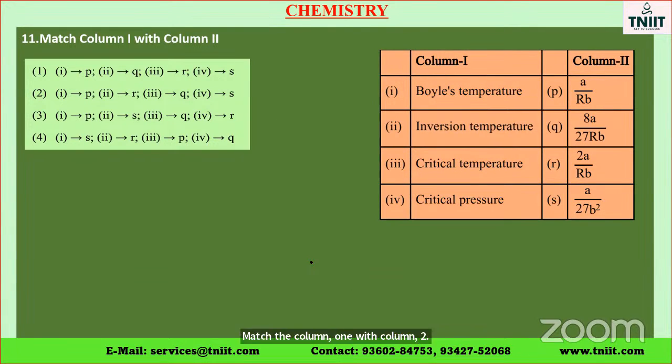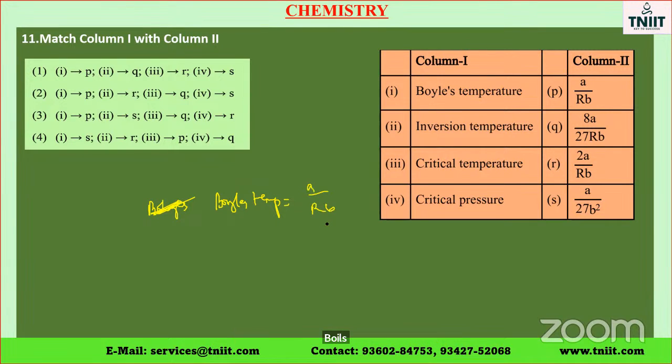Boyle's temperature, inversion temperature, critical temperature, critical pressure. Now, Boyle's temperature is a by Rb, where a and b are constants and R is the gas constant.